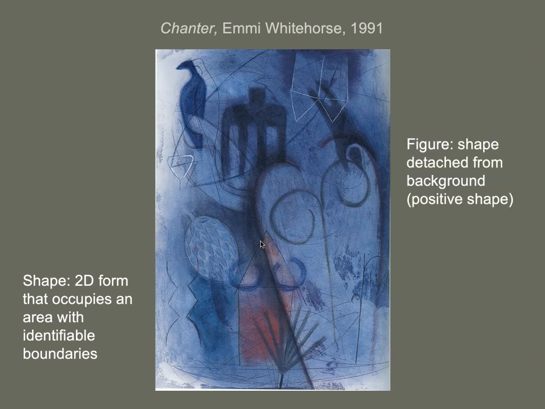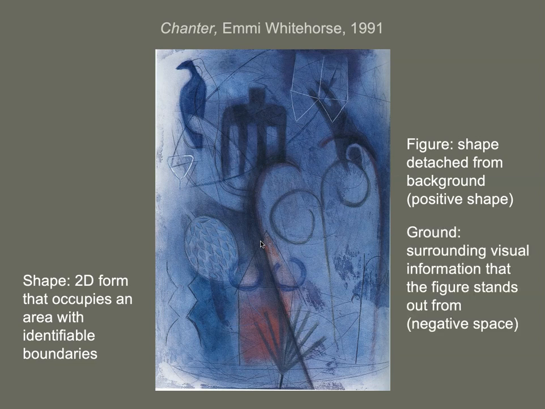So when we're looking at this work, we see some shapes that stand out from the background. We can refer to this as figure. So when shape is detached from the background, it's known as positive shape or figure. And that is opposed to ground, which is the surrounding visual information that the figure stands out from, or that negative space.